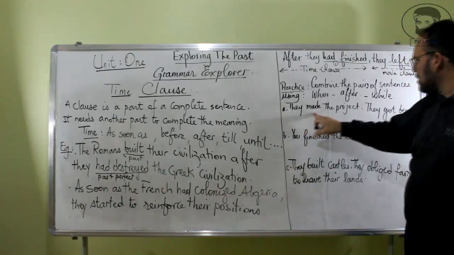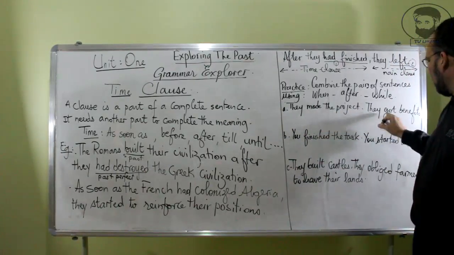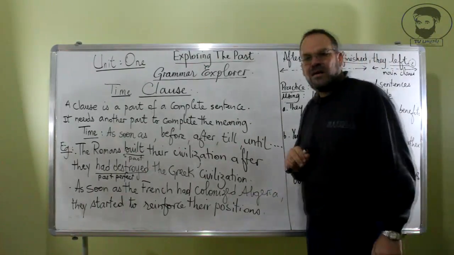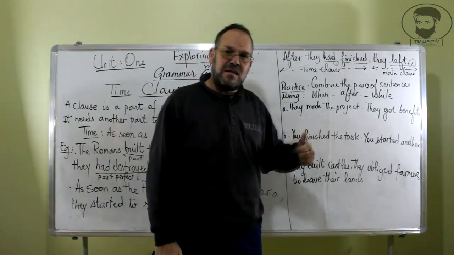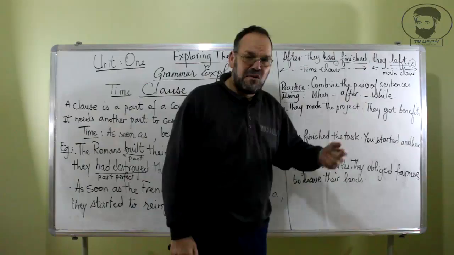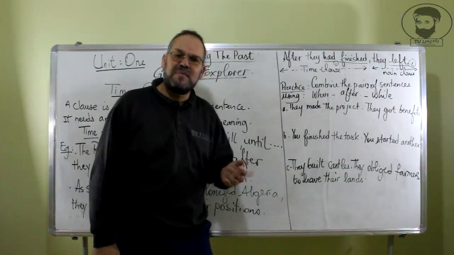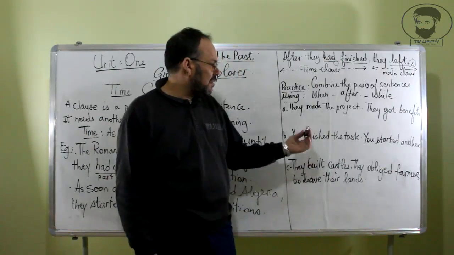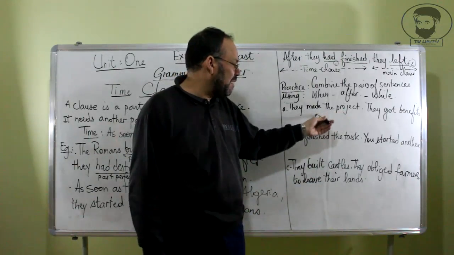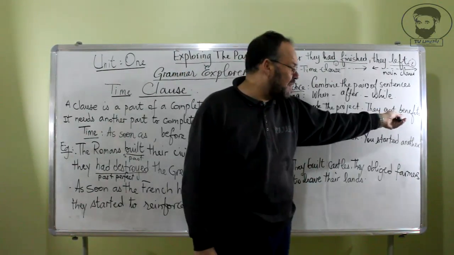Now, they made the project and they got benefits. So what do you think? Is it first you make the project and after you get the benefits, or first you get the benefit and after you make the project? Which one do you think is the first one? So automatically, logically, first you make the project and after you get the benefits.